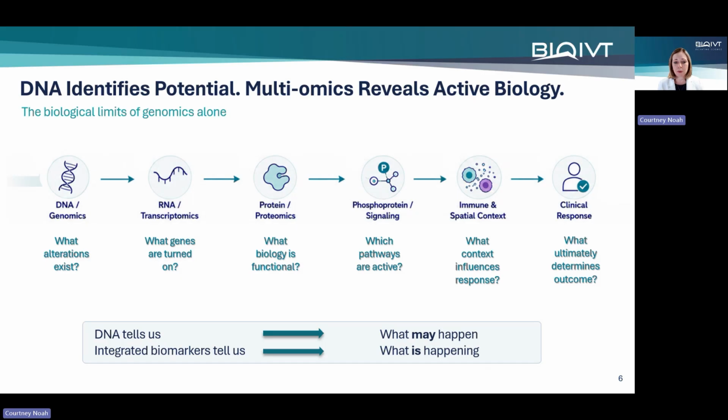So we certainly need to be aware that there can be a tremendous gap between the molecular potential and that biological reality. And that's where the need for additional analyte layers becomes highly informative, and it really can be built into multi-omic approaches that help to bridge that gap.